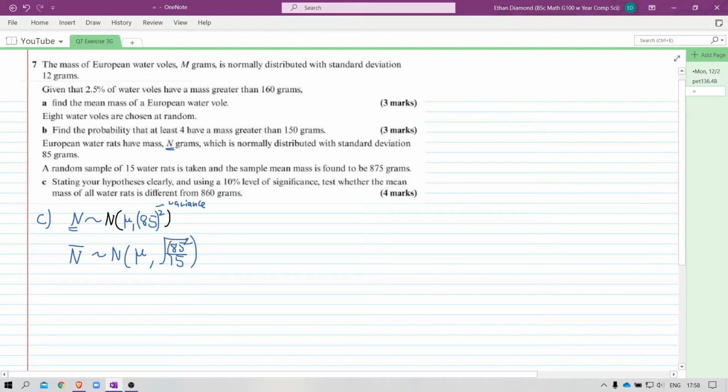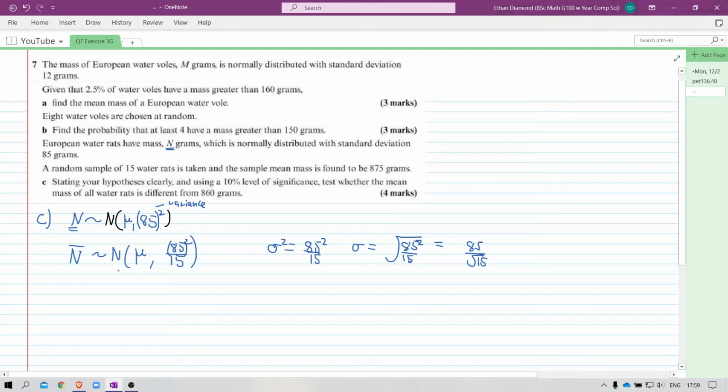So it's very clear, it's 85 squared over 15, and we're going to square root it to get the standard deviation. So let me make that even more clear. Sigma squared is equal to 85 squared over 15. So sigma is the square root of 85 squared over 15, which is equal to just 85 over the square root of 15. Fantastic. That was just the preliminary working out that we need to do.